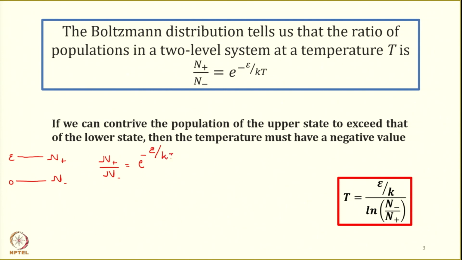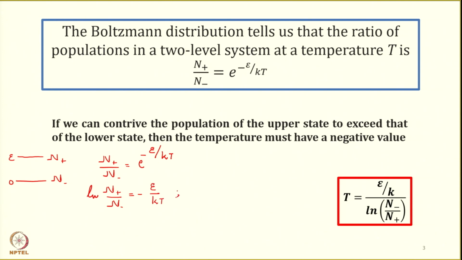We just derived the expression for the ratio of populations in a two-level system. Let us take a logarithm of this. If I take a logarithm of this, I have log of N plus over N minus is equal to minus E upon kT.